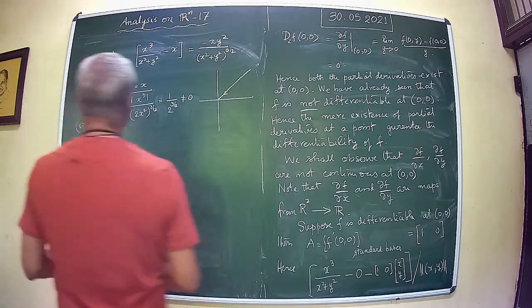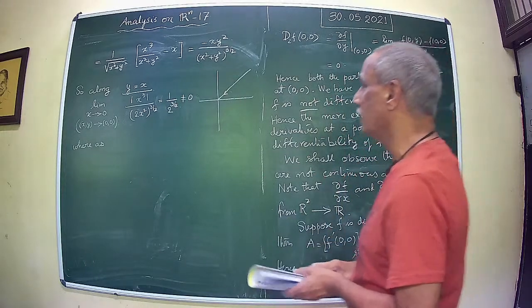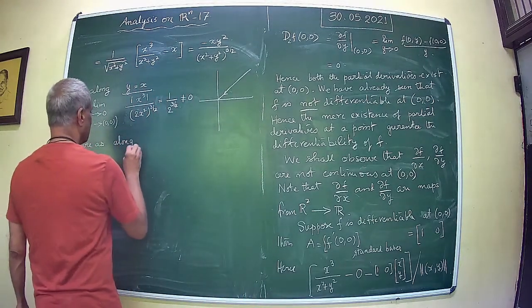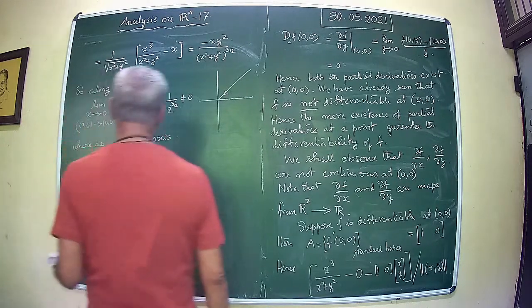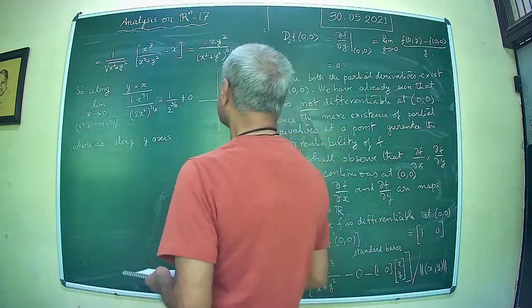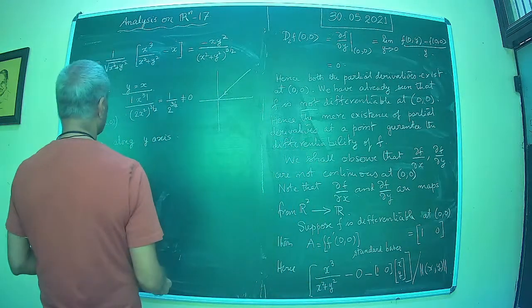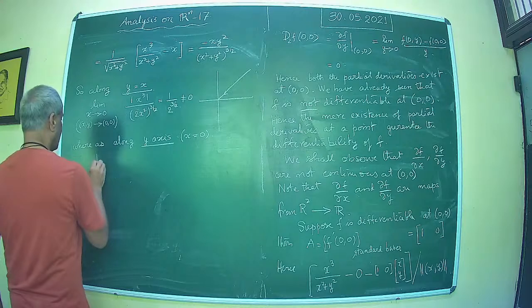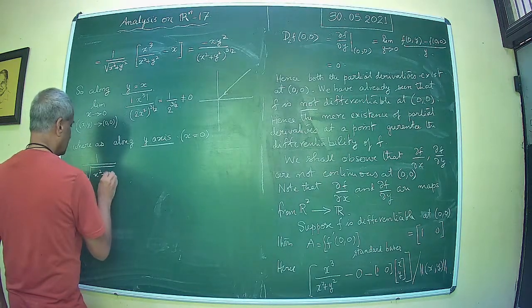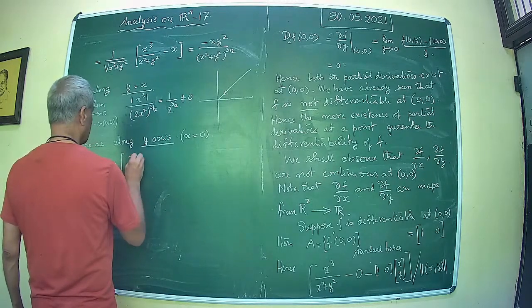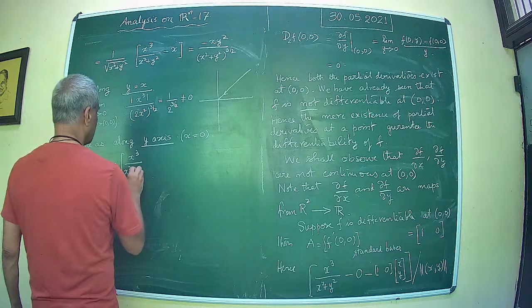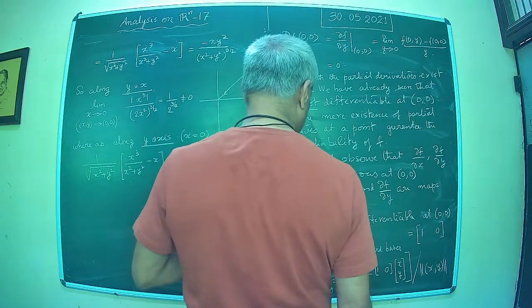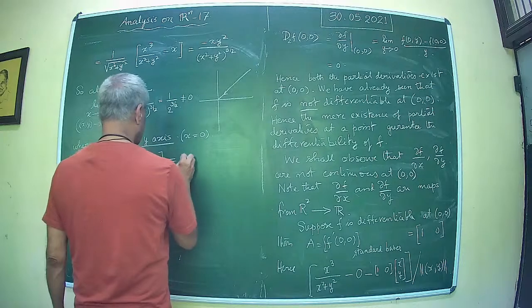Whereas if you take the derivative along the y axis, that is along x equal to 0, it is 0.